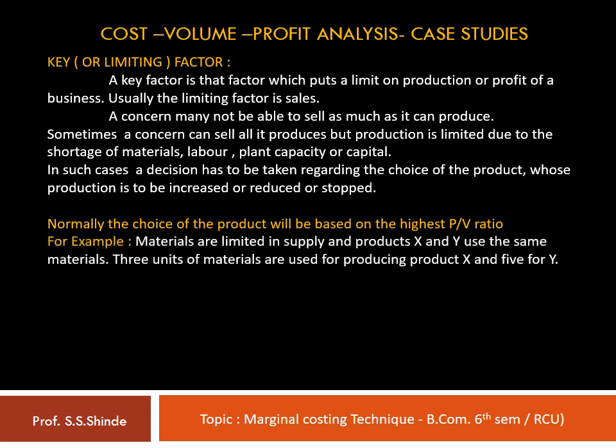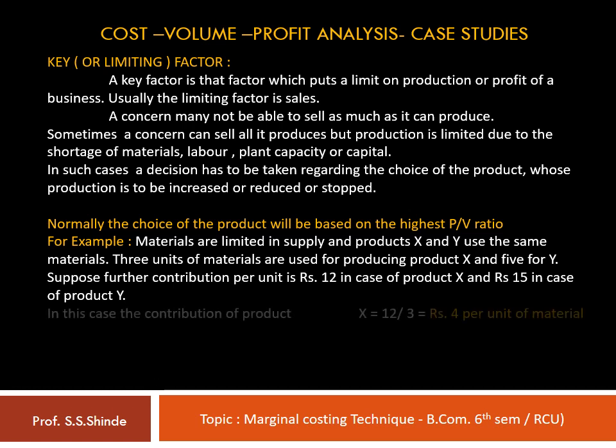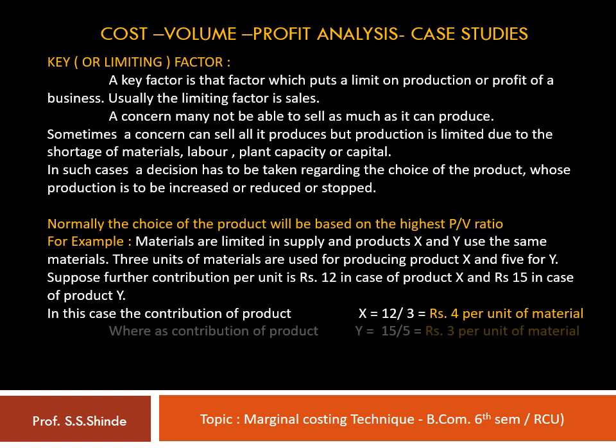Say for example, materials are limited in supply and products X and Y use the same materials. 3 units of materials are used for producing product X and 5 units for product Y. Suppose further contribution per unit is rupees 12 in case of product X and rupees 15 in case of product Y. So in this case, the contribution of product X would be 12 rupees divided by 3 units, that's equal to rupees 4 per unit of material.